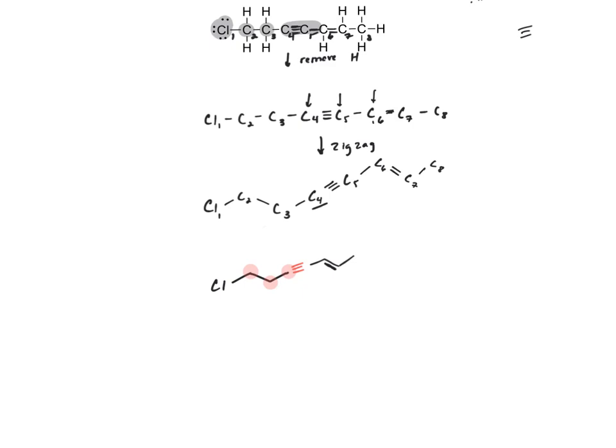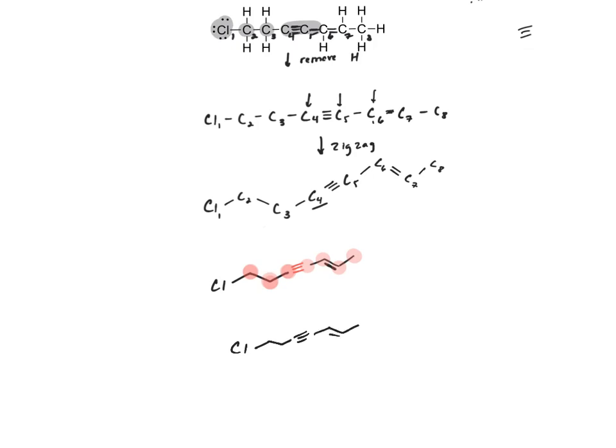So just to make sure, we go ahead and count carbons again. So we've got our chlorine at the end. We've got carbon 2, carbon 3, carbon 4, carbon 5, carbon 6, carbon 7, and carbon 8. And if I wanted to just draw that straight on without any red in the middle, we again would have our chlorine to triple bond to double bond.